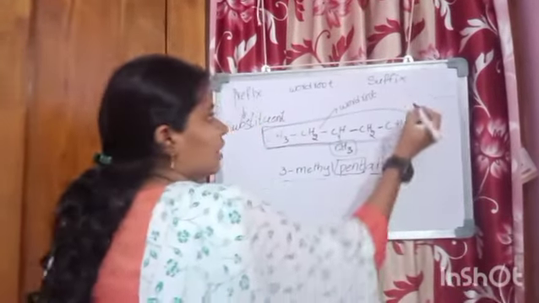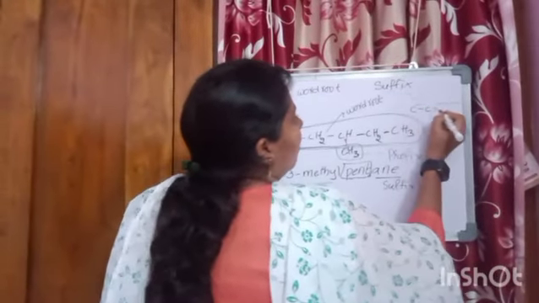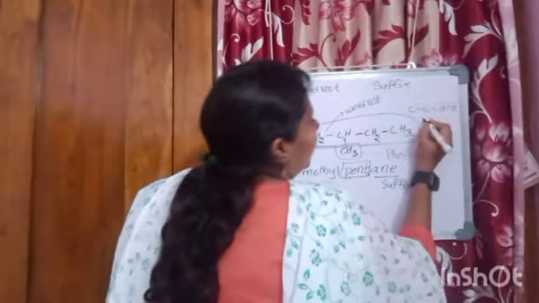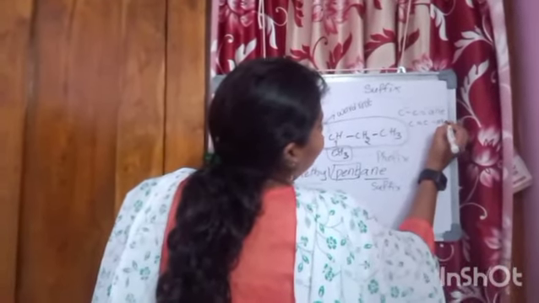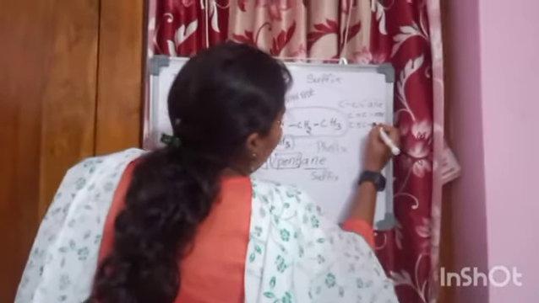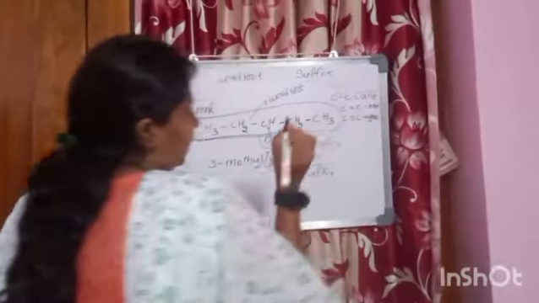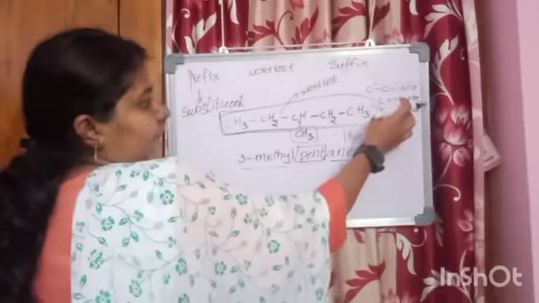If we have a carbon to carbon single bond, we call it "ane". If carbon to carbon we have a double bond, that is "ene". If carbon to carbon a triple bond is there, it means "yne". Here, this is a suffix.